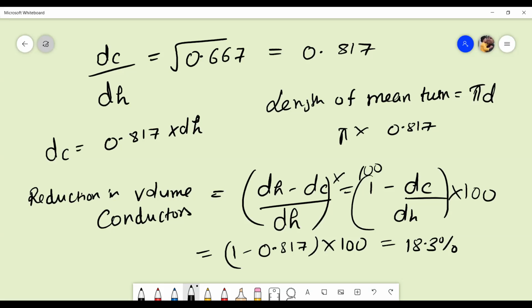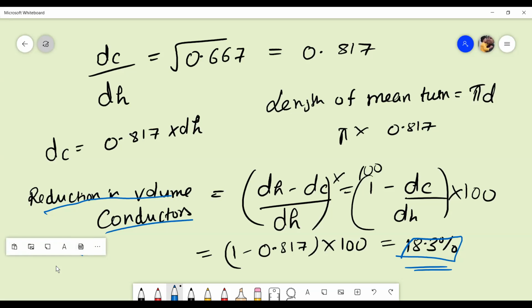Reduction in volume for the conductor is actually equal to 18.3%. That's a good reduction. So 18.3%, that much of copper you will reduce. So that will be a saving in copper.